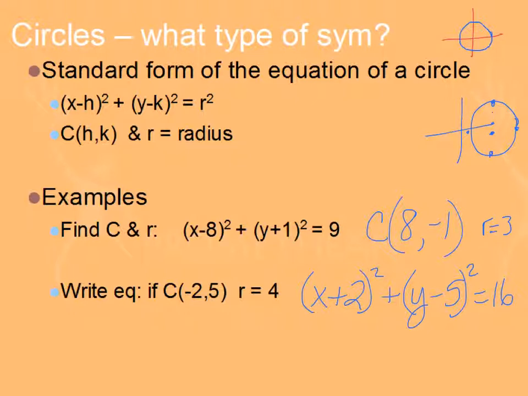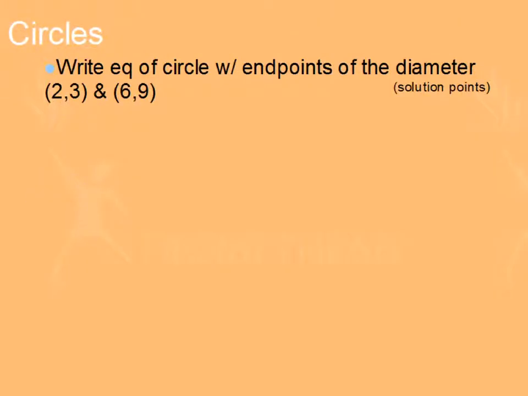Okay, this is all stuff that you would have done in geometry. Let's try something that's just a hair harder than what we did in geometry. We're still going to be using that equation of a circle. All right, but I'm not going to hand you the center and the radius every time. You're going to have to do a little bit of thinking.